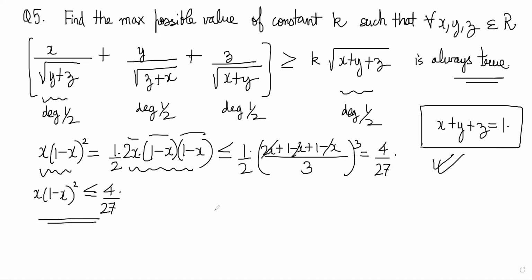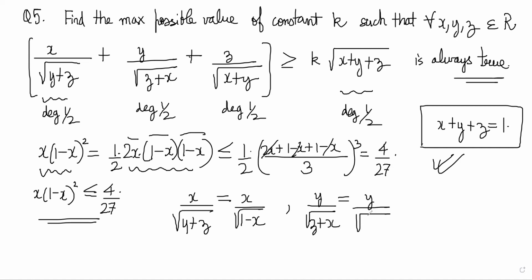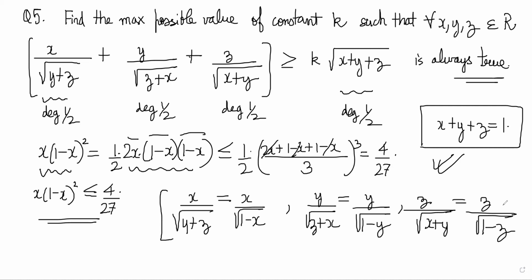Because we can now write x by root over y plus z as x by root over 1 minus x, and similarly y by root over z plus x as y by root over 1 minus y, and z by root over x plus y as z by root over 1 minus z, because we have assumed x plus y plus z is equal to 1 because of the homogeneous nature of the problem.